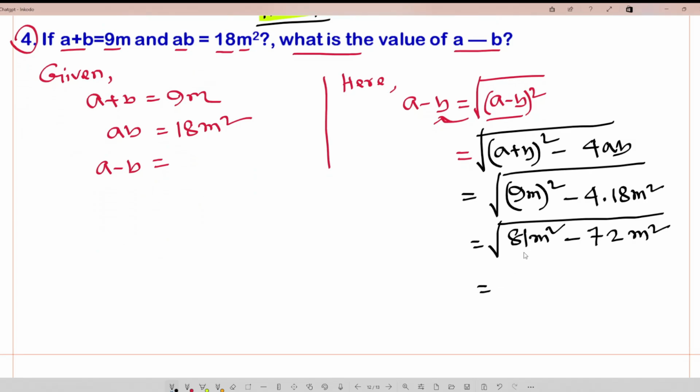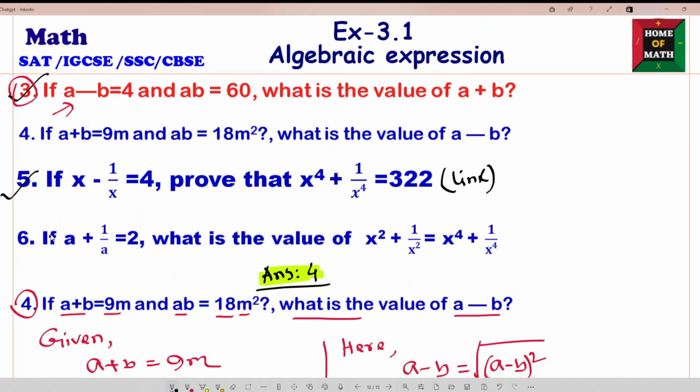So 81 minus 72 means 9m square, under the square root. So the answer: once we take the square root of 9m square, it will be plus minus 3m, and our target answer is 3m with plus minus, right? So number 3 done, number 4 done.